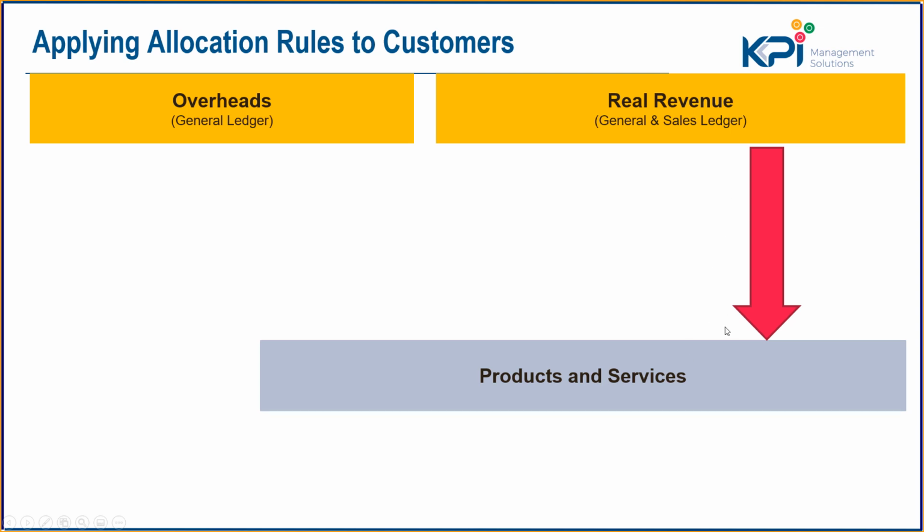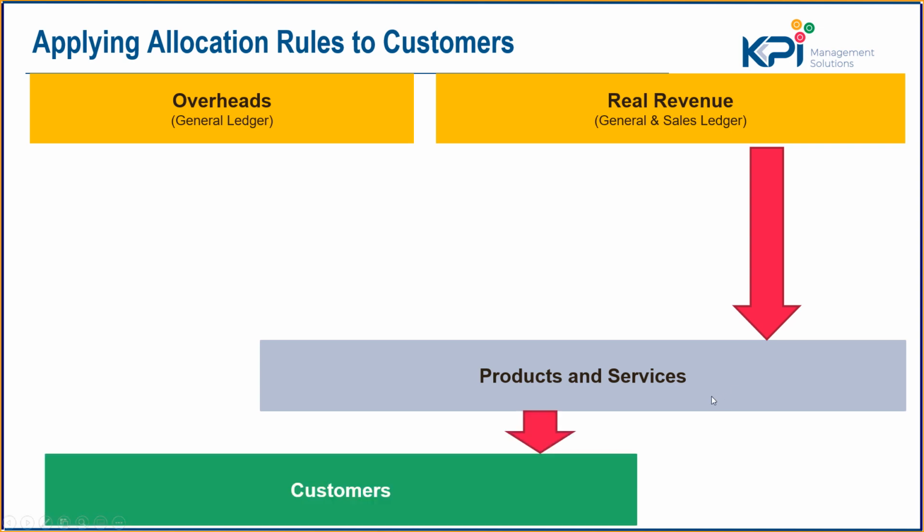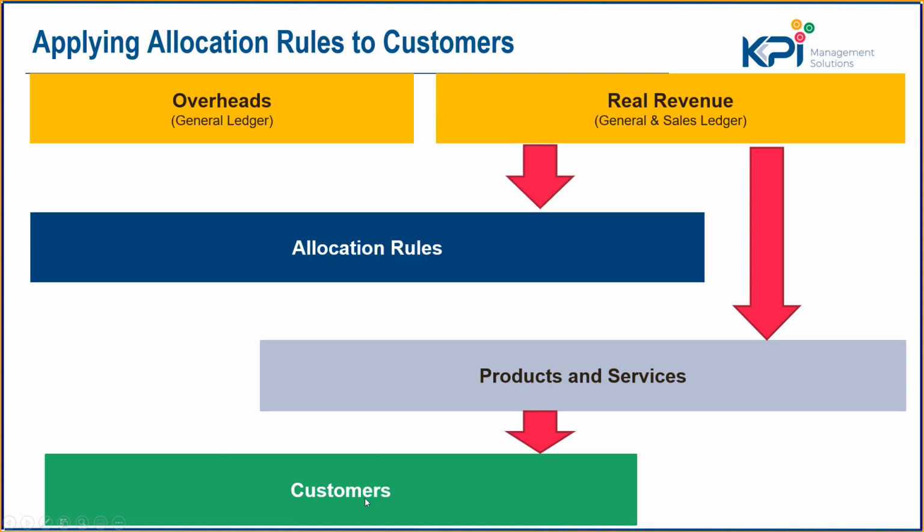Many systems do that by default, but watch out, they often do it at a standard profit level, not at an actual profit. So part of what we do in our modeling is we make sure that when we allocate down, it's actually actual profit, gross profit, and not standard profit. And then we allocate it down to the customers as well, because if a customer's buying a product or service, they will inherit those costs and those revenues.